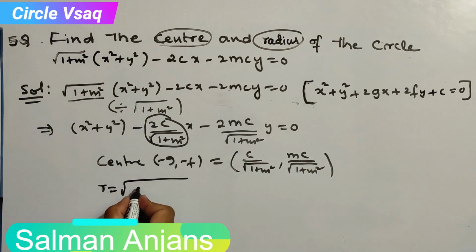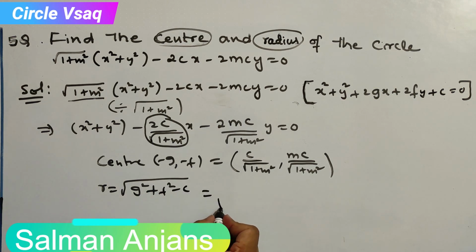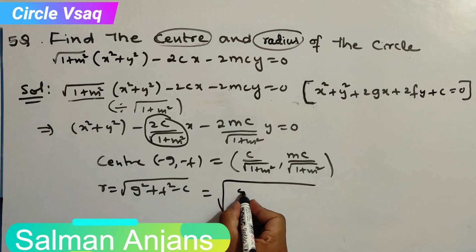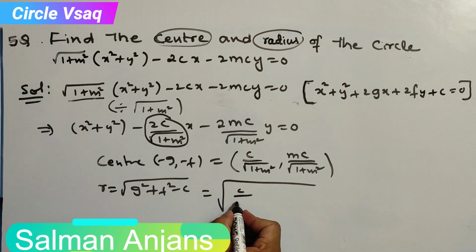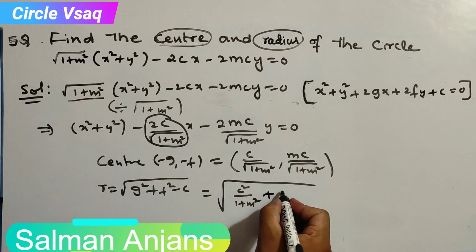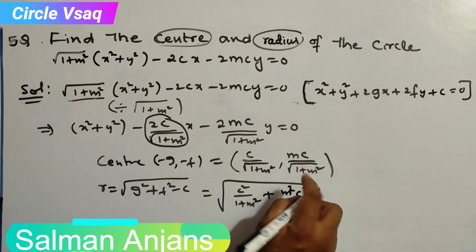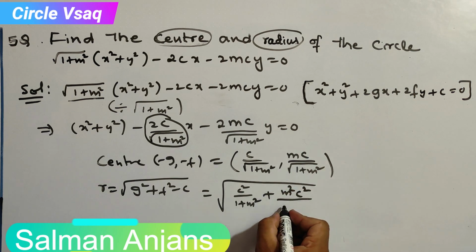r equals root over g square plus f square minus c. That is, g means c by root over 1 plus m square whole square. So c square root cancel 1 plus m square. f square means m square c square root over 1 plus m square whole square, root square cancel 1 plus m square.